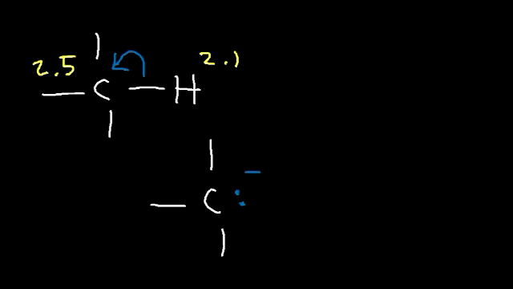It's going to be a carbanion. And the hydrogen is simply H+. But typically a base would take away the hydrogen. So the hydrogen is probably going to be attached to a base or something. So anytime you have an atom that's less electronegative than carbon, when that bond breaks, you're going to get a carbanion. If carbon is attached to an element that's more electronegative than itself, when that bond breaks, you get a carbocation.